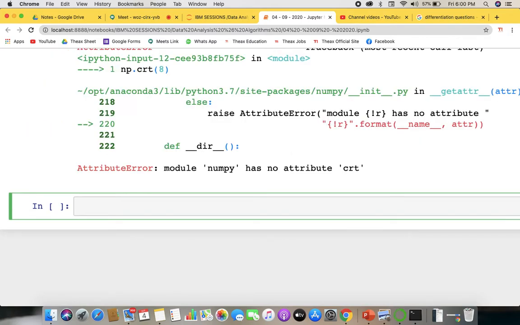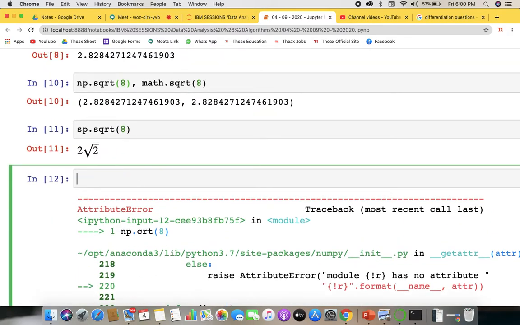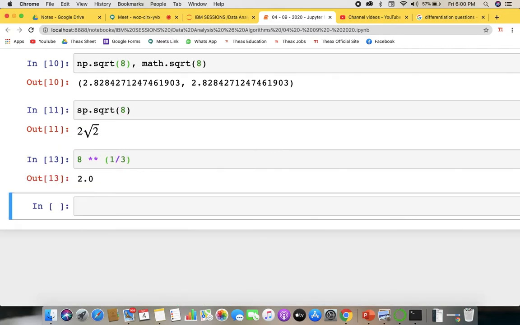So using an exponential, like exponential bracket 1 by 3. 1 by 3, right? Okay. So getting 2.0. Any other method? Either mathematics or in the square root in NumPy? Any other methods? I think Anshu said one method, power.